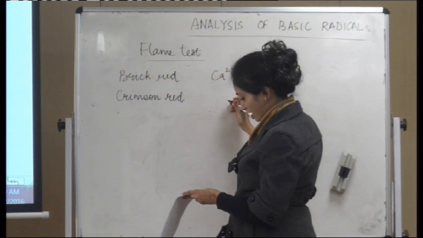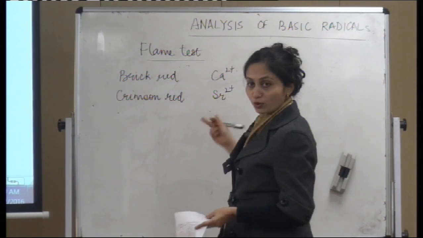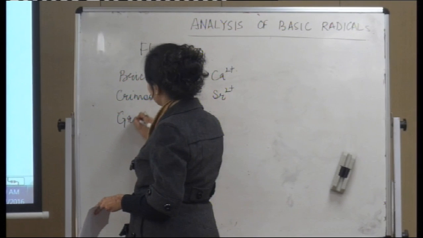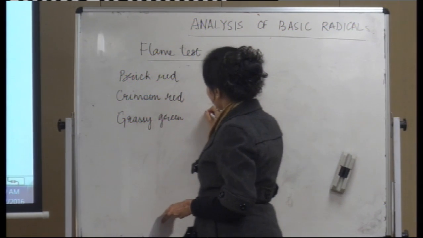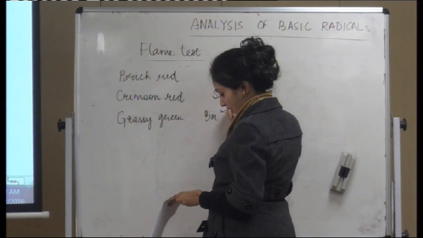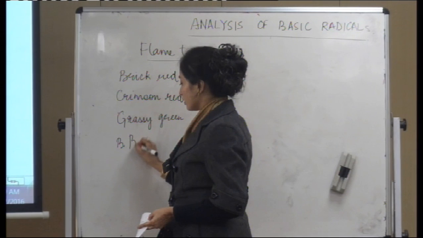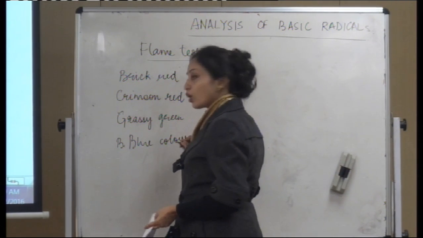So if you have crimson red, then it is strontium. Anyways, both of them belong to the same group. And then you have grassy green for barium, for Ba2+, and then you have bright bluish color, very bright blue color, that will be for copper.